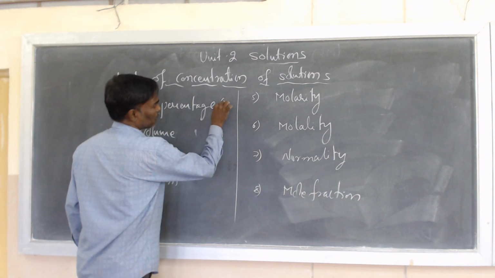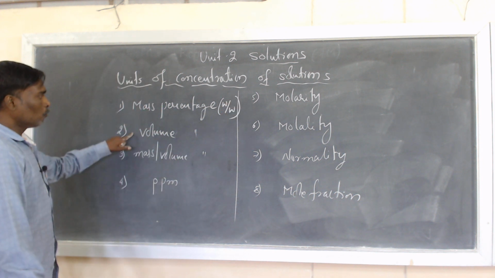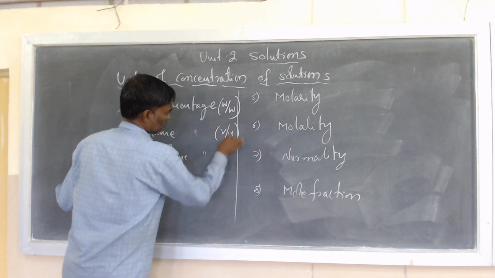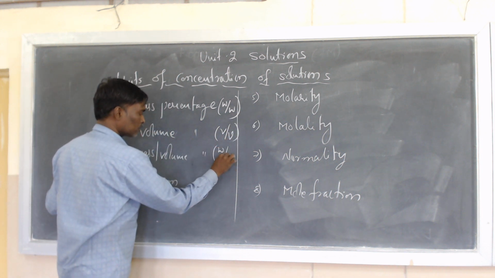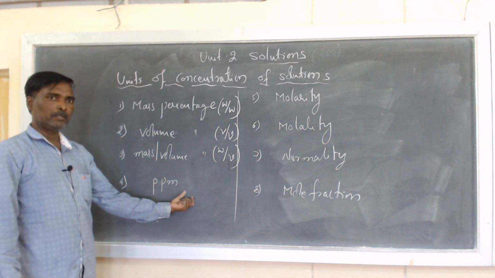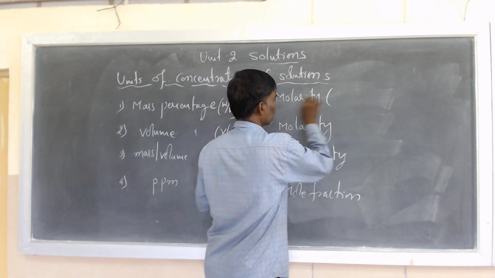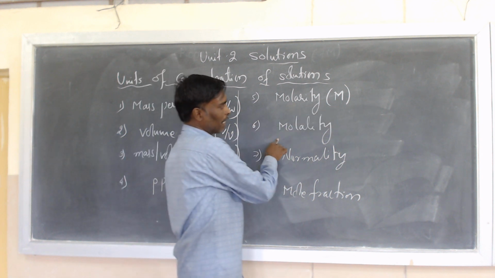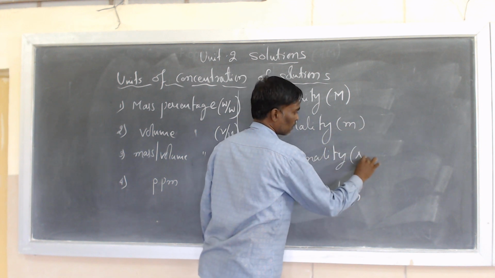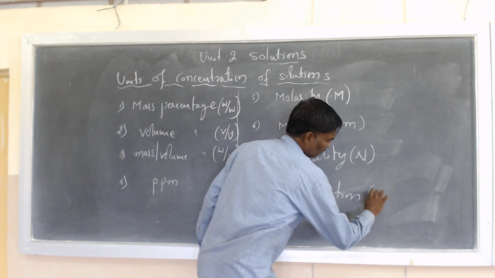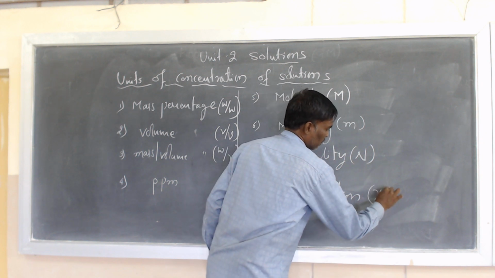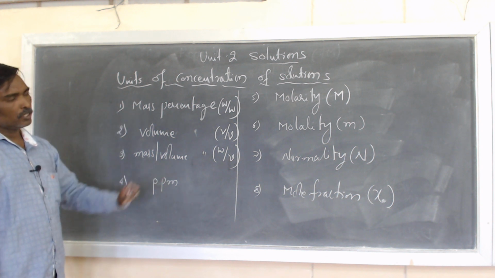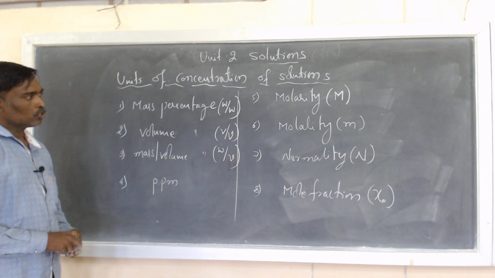Mass percentage is written as W by W. Volume percentage is symbolically V by V. Mass by volume percentage is W by V. ppm we express simply as ppm. Molarity is represented with the capital letter M, molality with small m, and normality with capital N. For mole fraction we use x of any component, A or B. So these are the 7 units in which the concentration of a solution is measured.